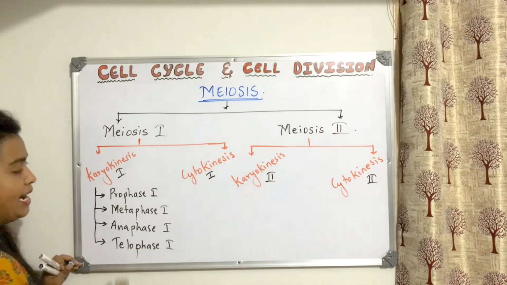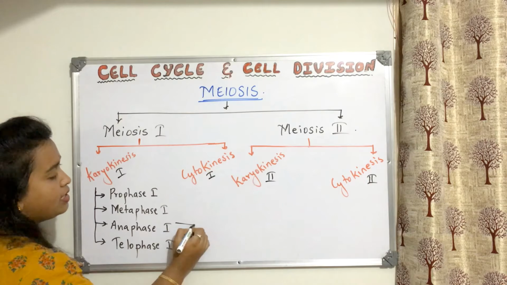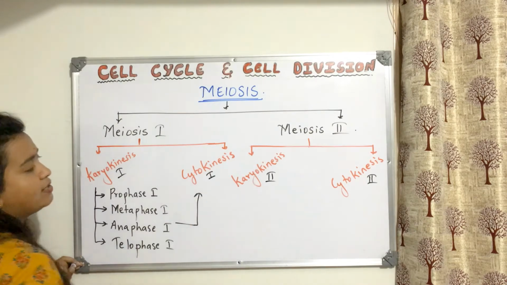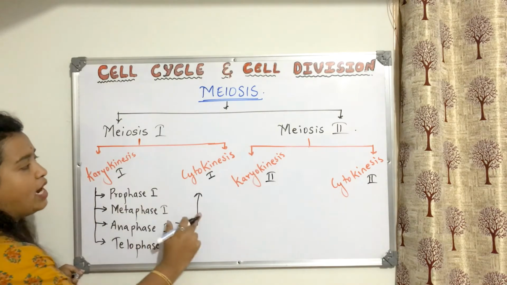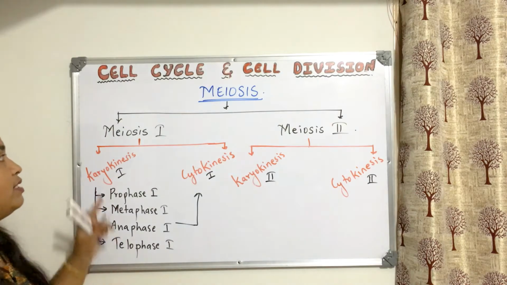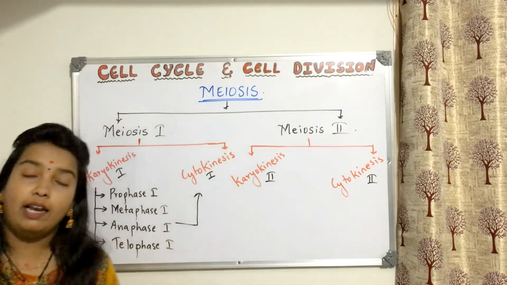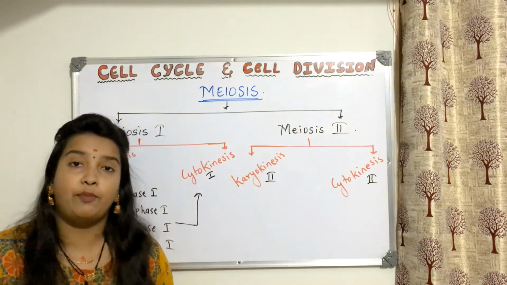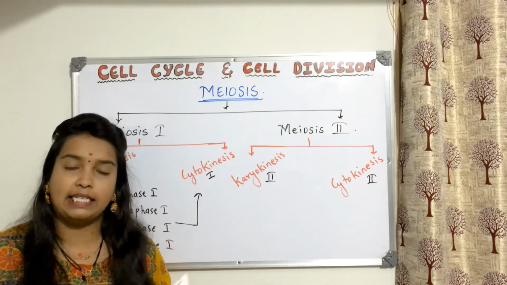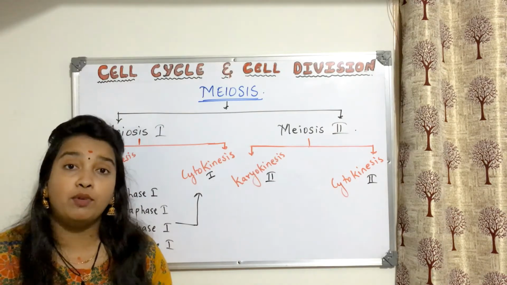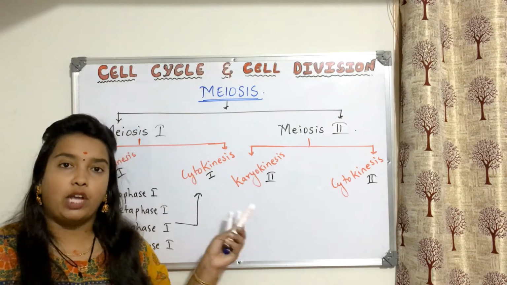Clear? After all these, it leads to cytokinesis 1. Once cytokinesis 1 happens, this is called meiosis 1, wherein from one parent cell, 2 cells are produced. But what is the number of chromosomes? Reduced.